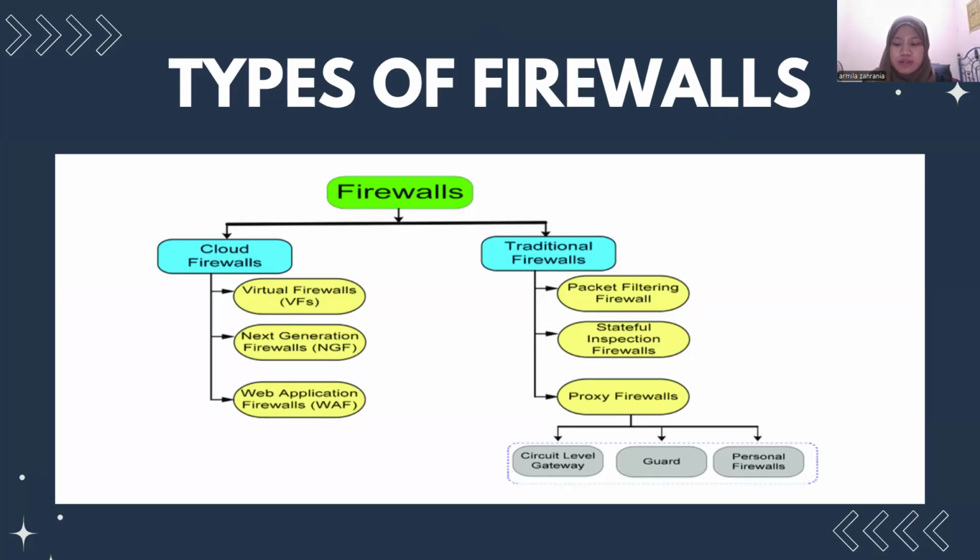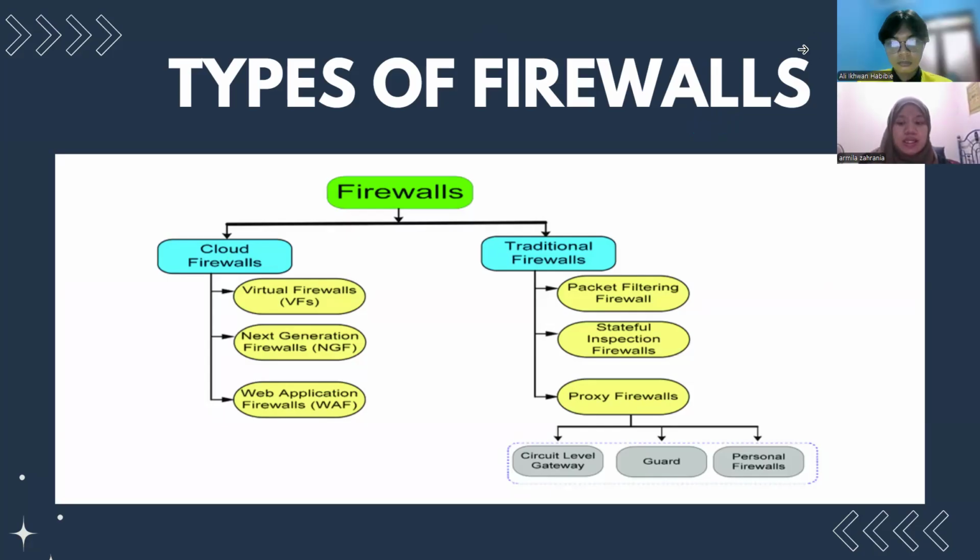These categories include packet filtering firewalls, which control network traffic based on predefined security rules, and stateful inspection firewalls, which track the state of active connections to make filtering decisions based on connection history, and proxy firewalls, which act as intermediaries between users and internet security.